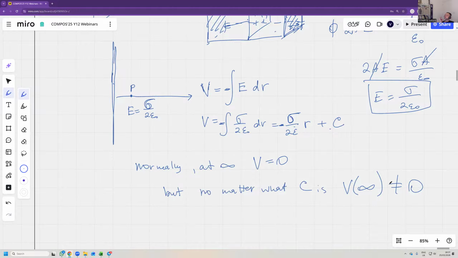Well, because the potential at infinity is not 0. Why is it not 0? Well, because it's an infinitely big plate. And infinitely big plates do not exist. If it did exist, then the potential at infinity would be infinite.